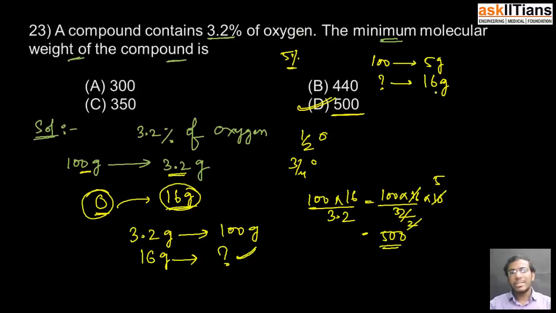If one oxygen is 16 grams, and 5 grams is present in 100 grams, then 16 grams is present in how many grams? That will give the minimum molecular weight of the compound. This is the approach to this question. I hope you understand the logic behind this question.